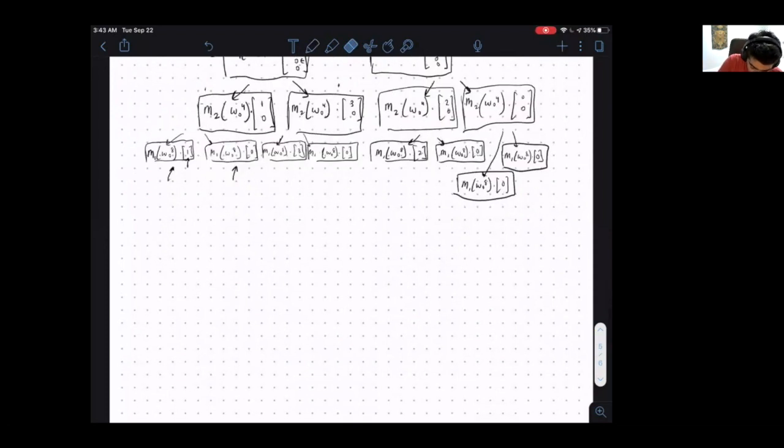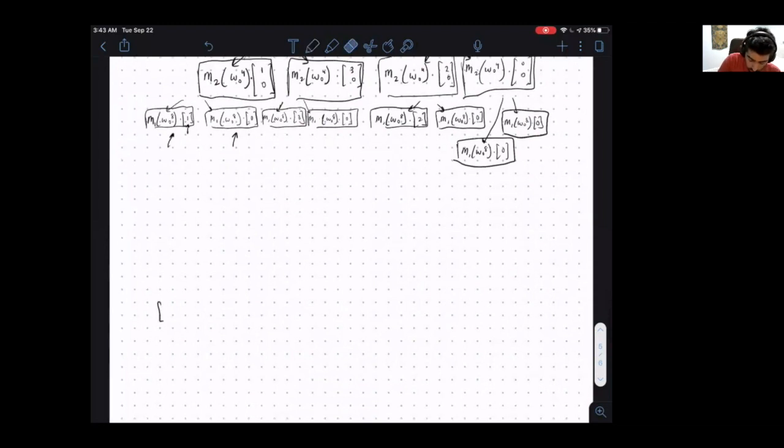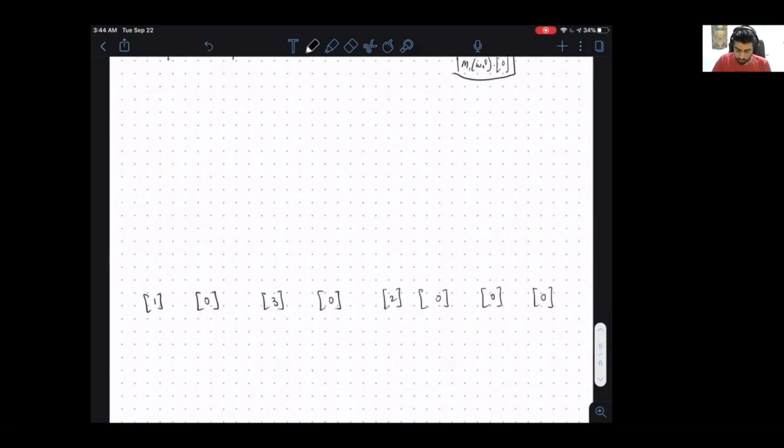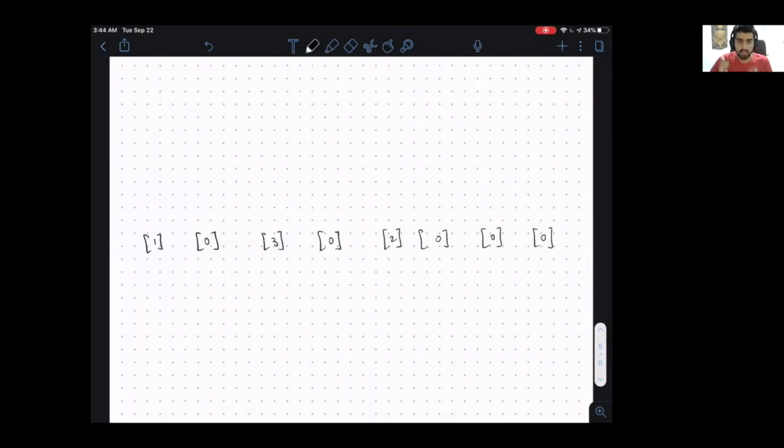So I'm going to rewrite it over here, starting from the base layer. The base layer is just 1, 0, 3, 0, 2, 0, 0, 0. Okay, and that's the base layer.